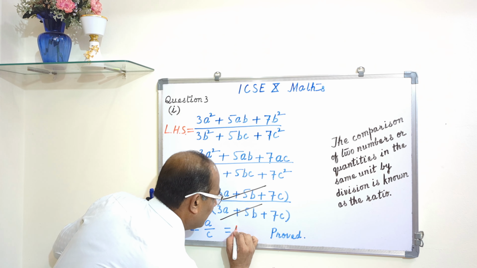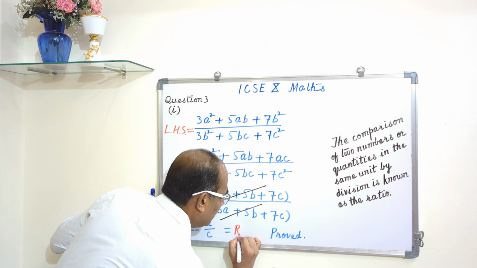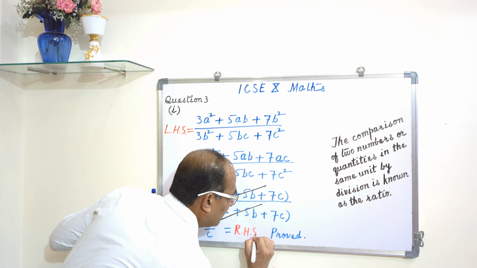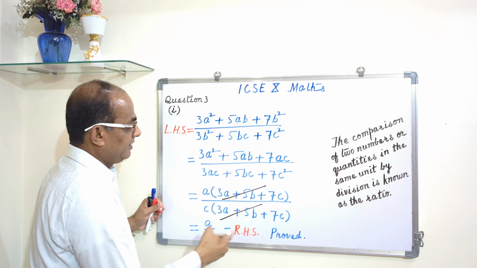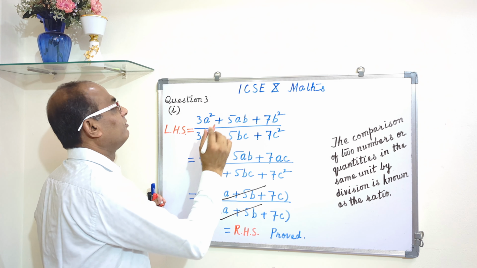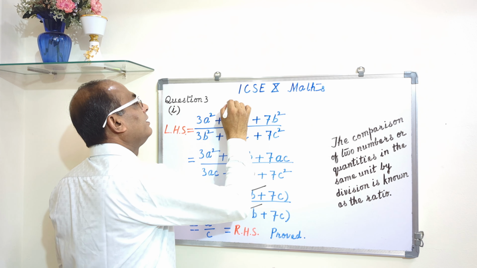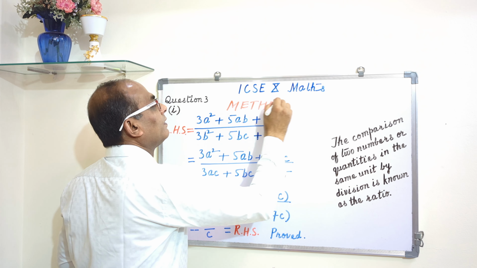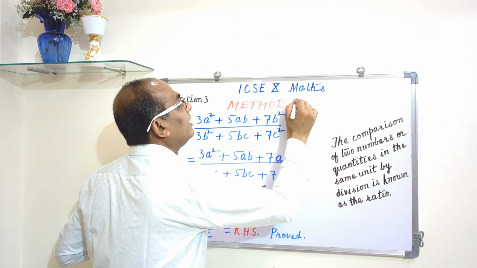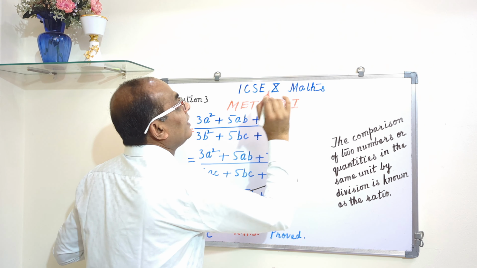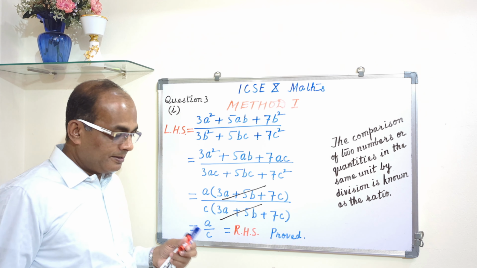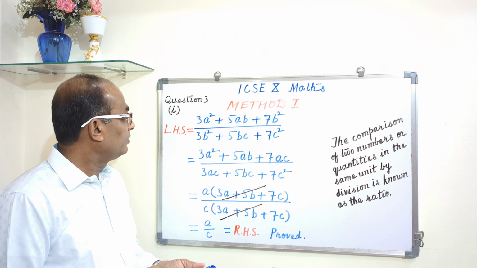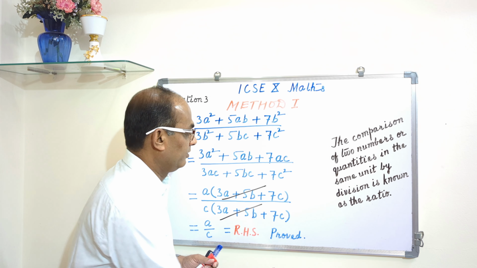LHS is equal to RHS proved. This is method 1. There's another method which I'm going to solve. Okay, let's have a look.